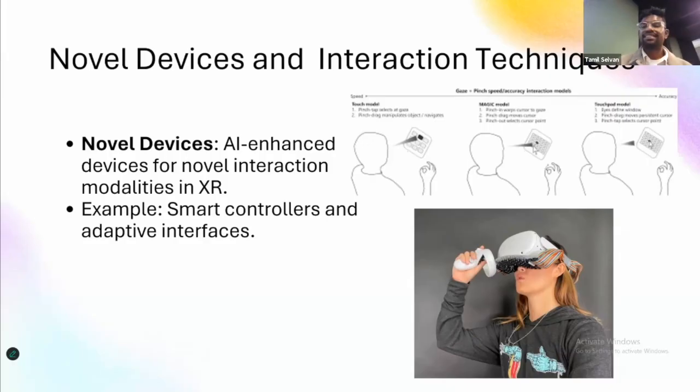And one of the interesting parts is creating novel devices. In the Vision Pro, how many of you have tried using eye gaze as a way to click icons? They also have where you can use a pinch and eye gaze together to tap. That is one of the classical AI methods people use for interacting with icons in VR.